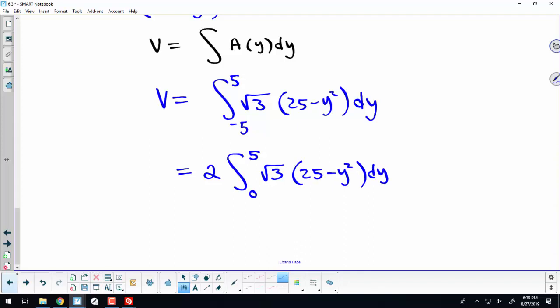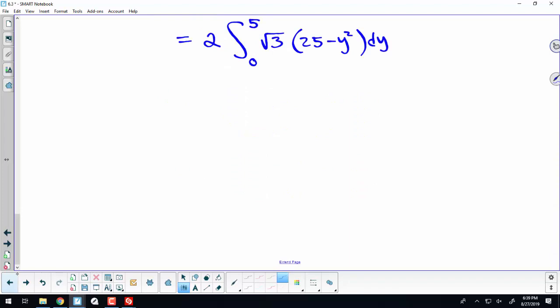I think it's a good practice to get into using symmetry. Relevant to this class, once we start looking at doing calculus in polar coordinates, symmetry plays a huge role in doing that. But I don't think at this point it's absolutely necessary. All right.